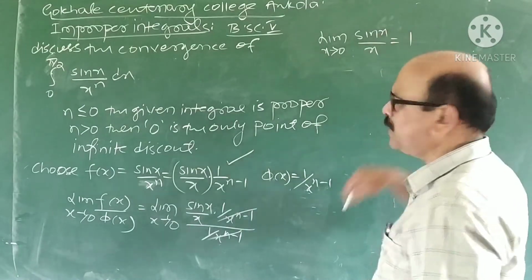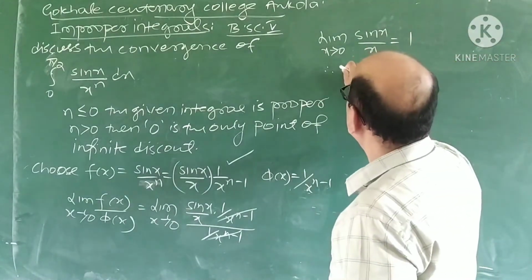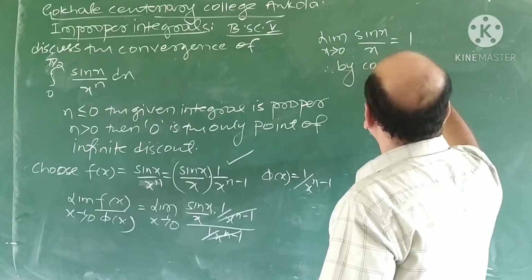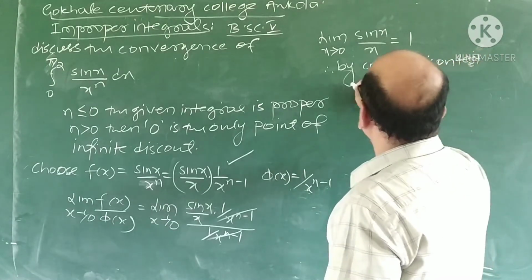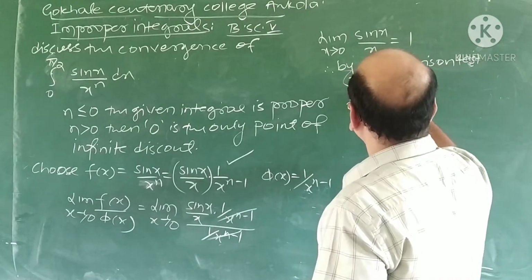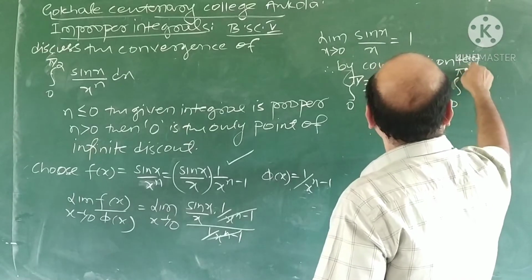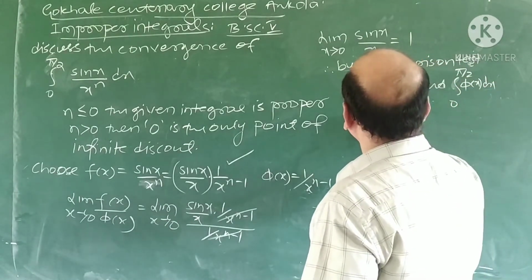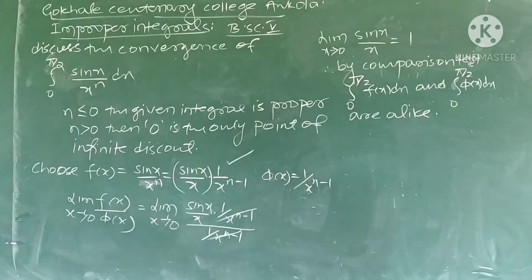This is a standard limit. What is this limit? It is 1. Therefore, by comparison test, integral 0 to pi by 2 f(x) dx and 0 to pi by 2 phi(x) dx are alike, meaning either both converge or both do not converge.